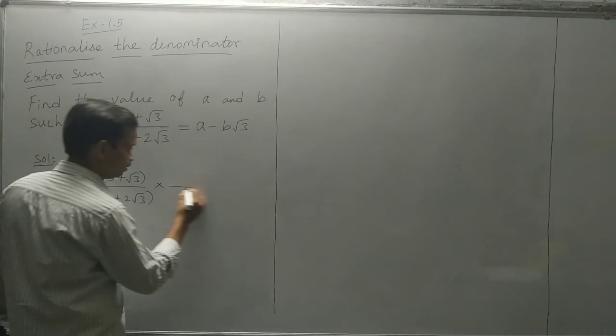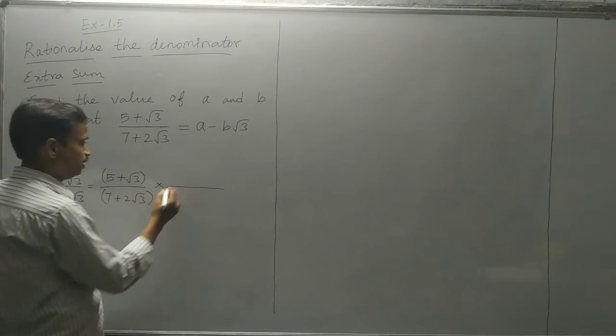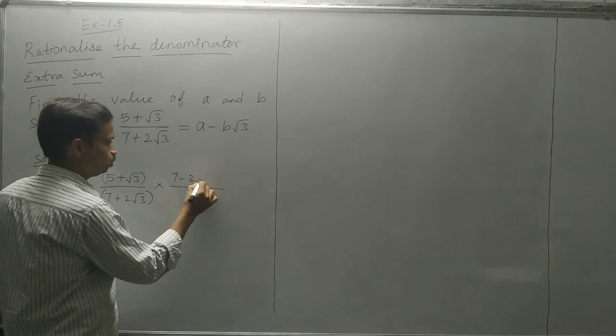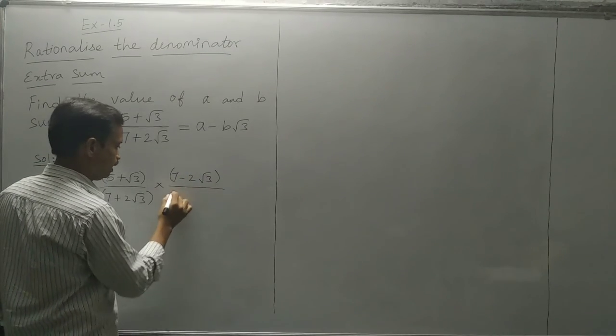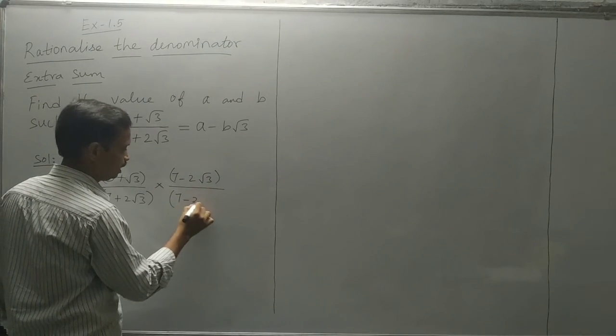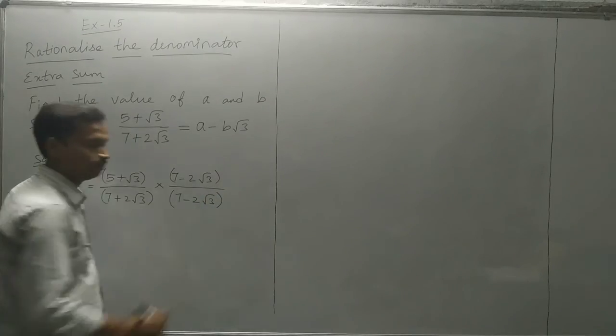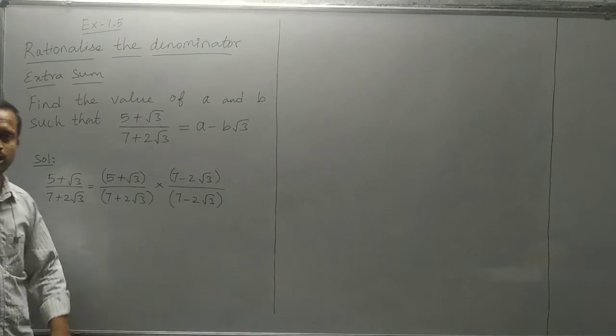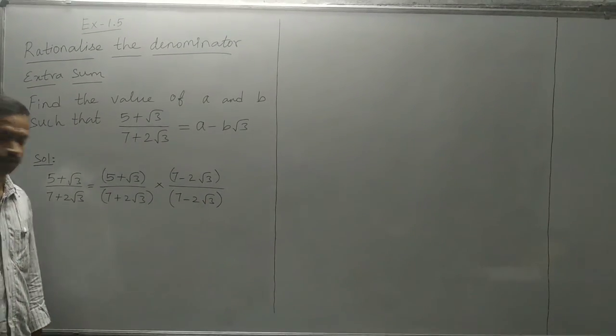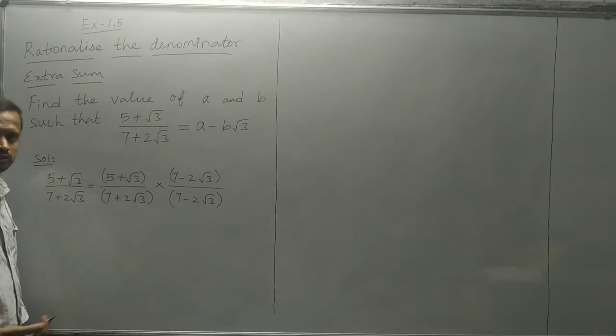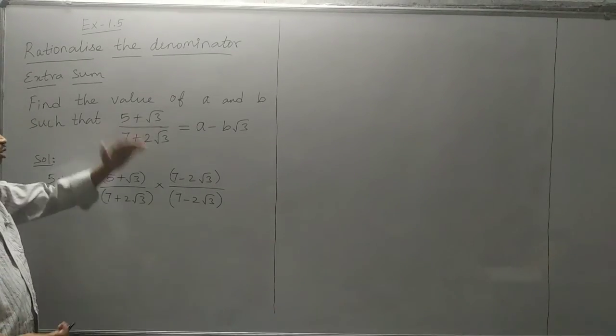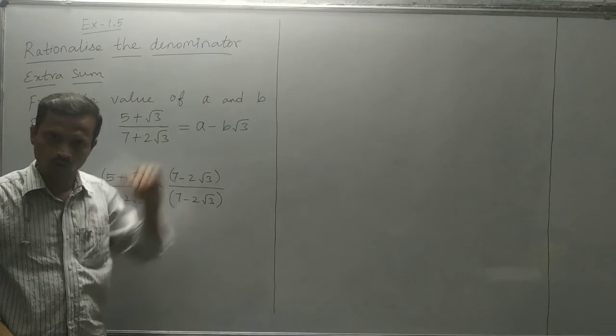Can you say that? What is that? 7 minus 2 root 3, and again we have to divide by the same 7 minus 2 root 3. So this is the way to rationalize the denominator. By using that method, we are going to find the value of the given unknowns.